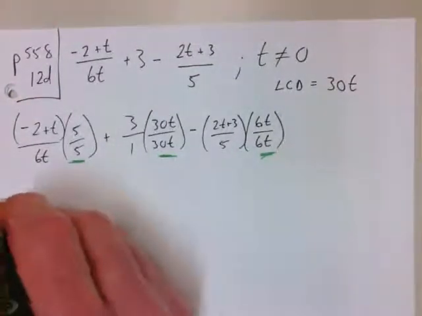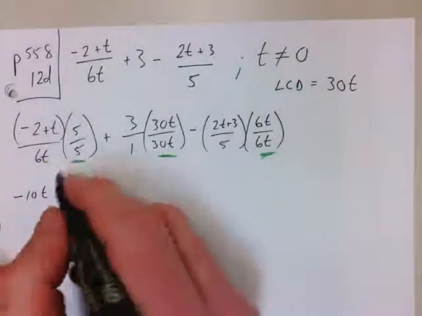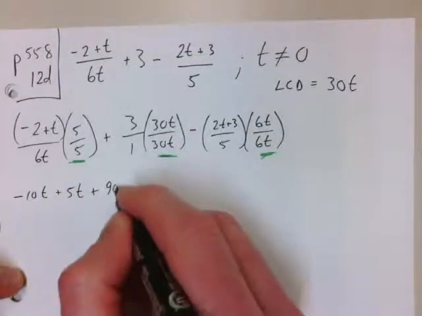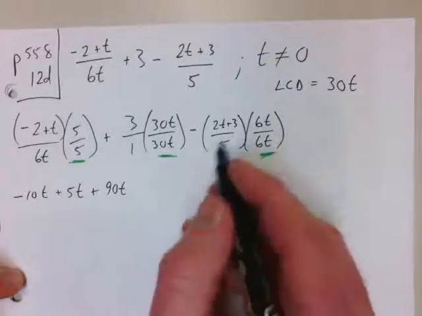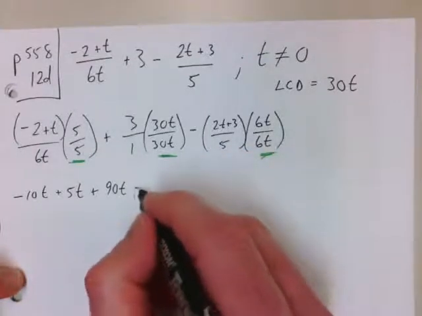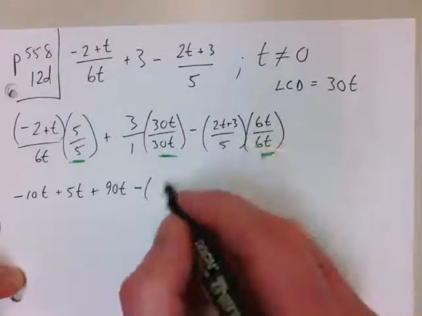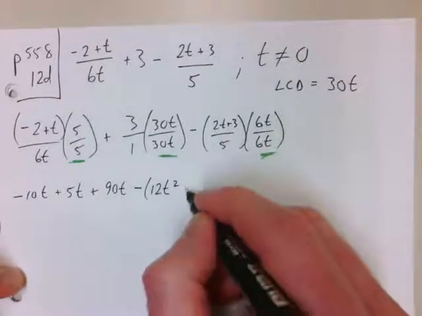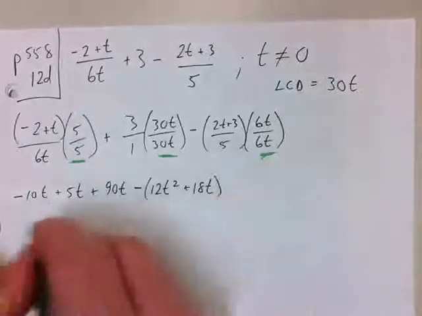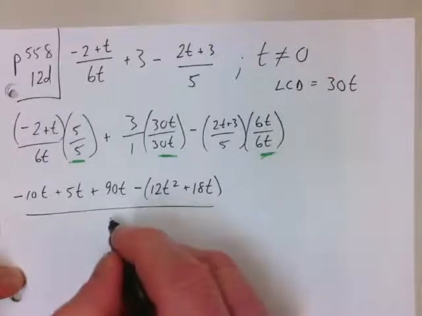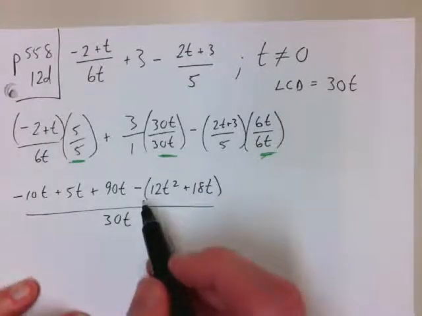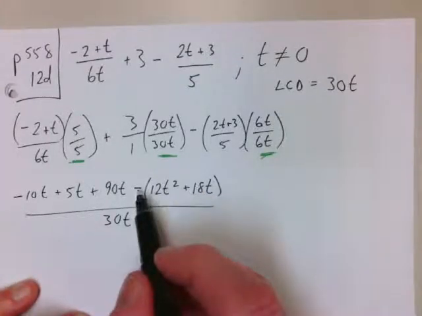Multiply through. Negative 10t plus 5t plus 90t, that negative, minus 12t squared plus 18t, all over 30t. Okay, I'm going to collect like terms, and I'm going to deal with this negative at the same time.